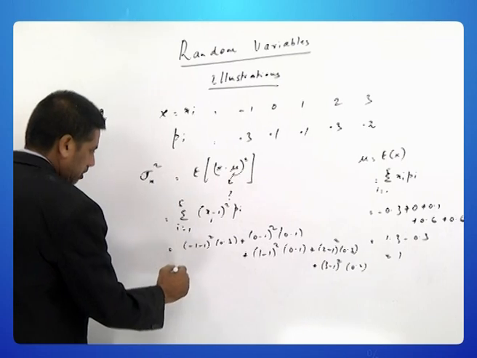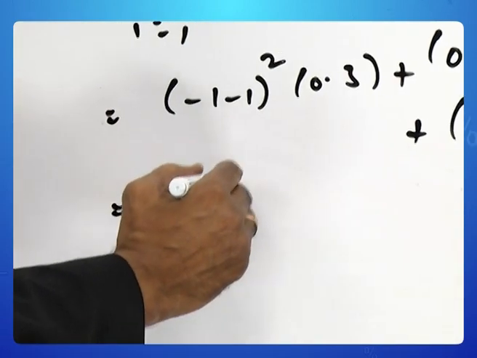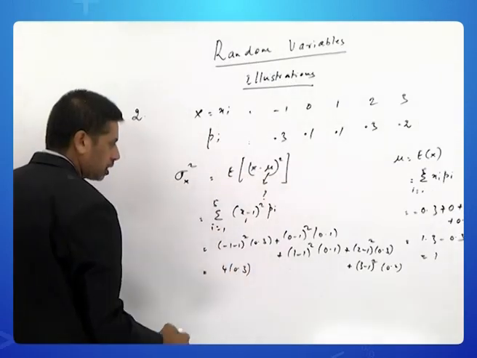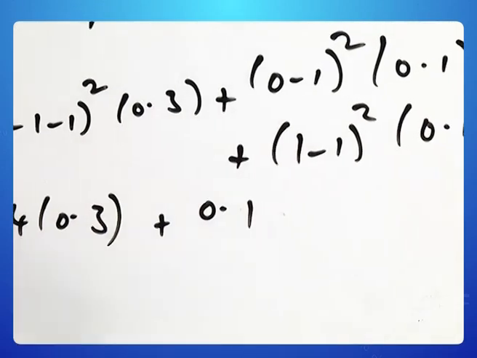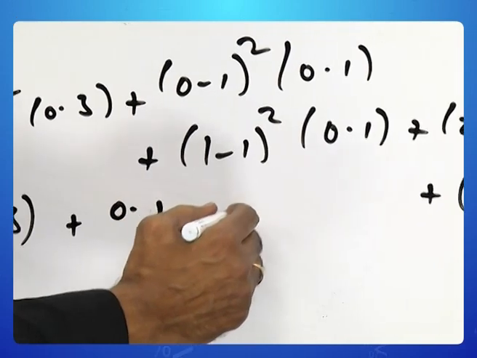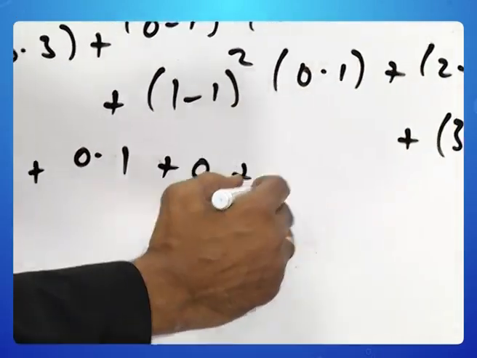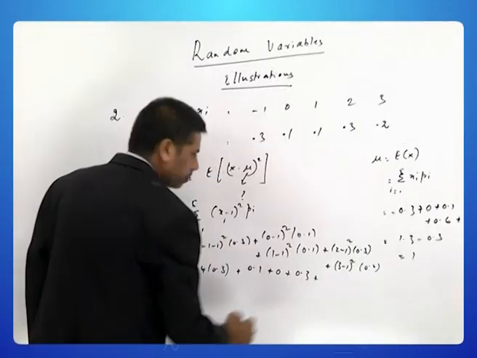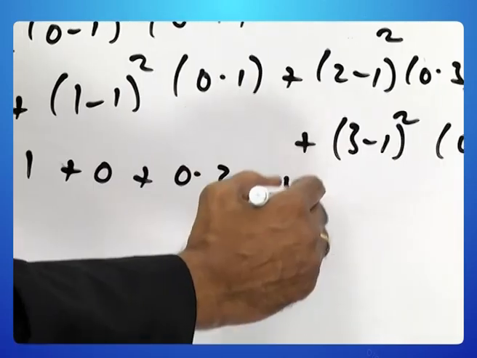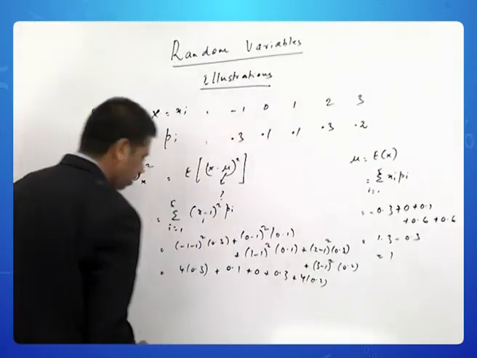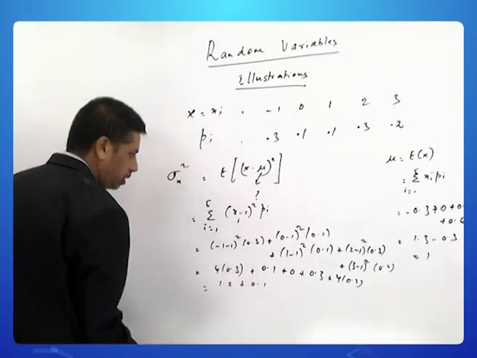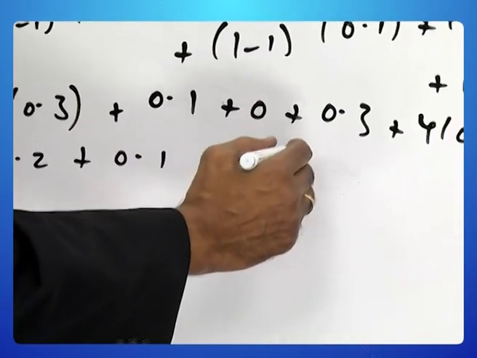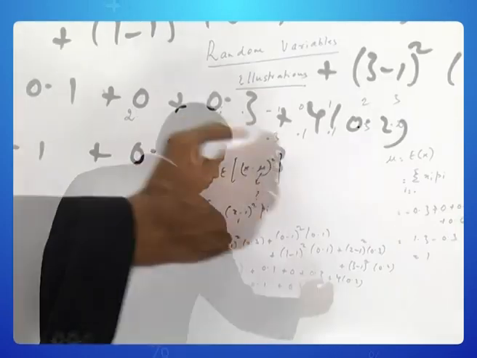If you calculate, this will be 4 into 0.3, plus 1 into 0.1, next is a 0, plus 1 into 0.3 is 0.3, then 4 into 0.2. So this will be 1.2 plus 0.1 plus 0.3 plus 0.8.